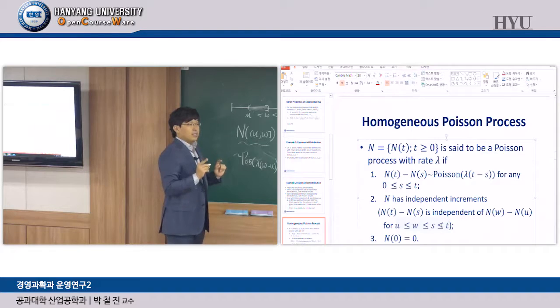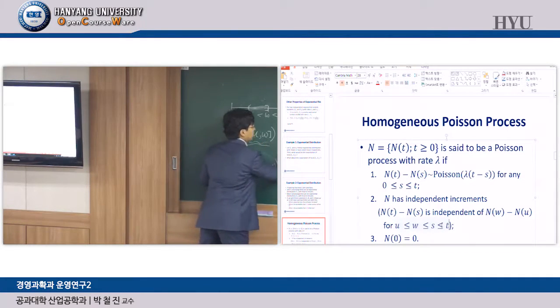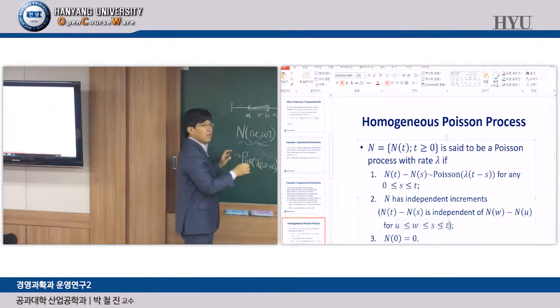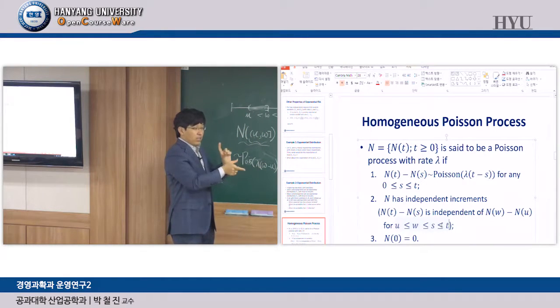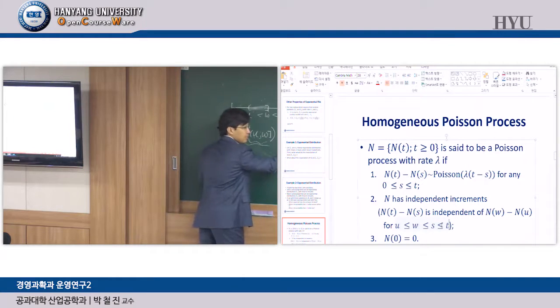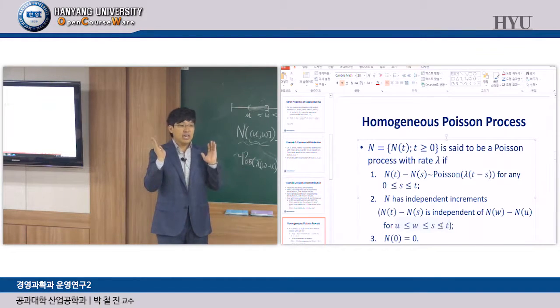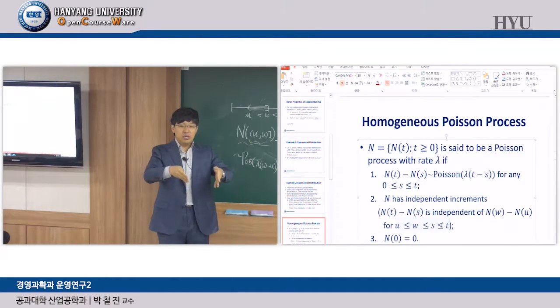And the thing is, as long as the time ranges inside the parentheses have no common part between them, then they are independent. As I said before, inside the parentheses we can put the time ranges or time measure, right?